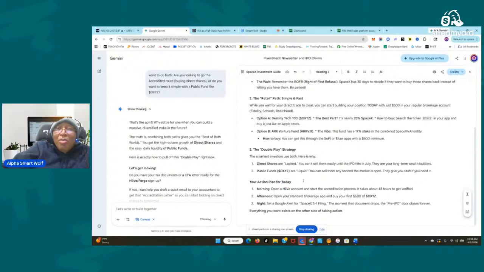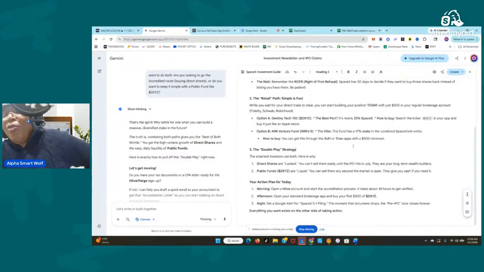Guys, do you know about pre-IPO investments? For those of you who are accredited investors, you can start the process, okay? So you can go and open a Hive account. I'm sharing with you a cheat sheet that some of our coaches have done, just to have exposure to pre-IPO offerings, which have the potential for you to either lose your money or make a lot of money.